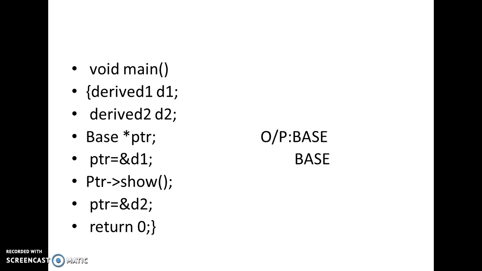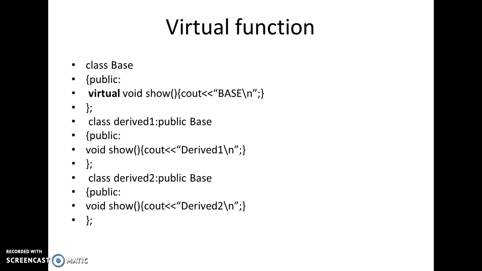Then we are calling the derived class function with respect to base class pointer. Even though the base class pointer is pointing to derived class object, it will call only base class function, that is non-virtual function.